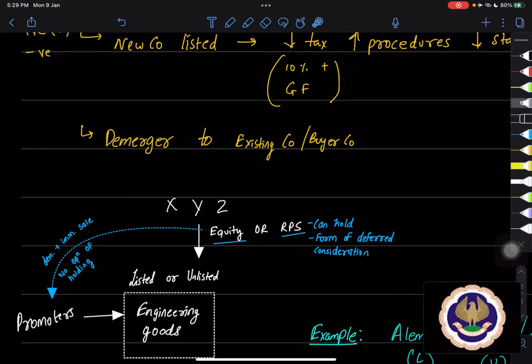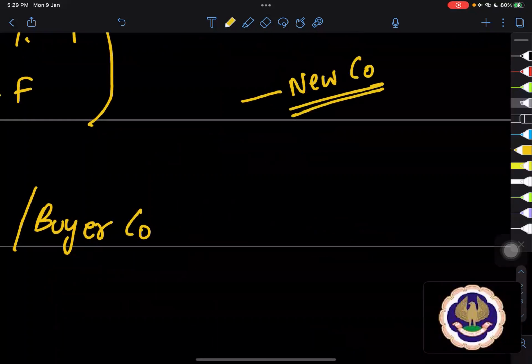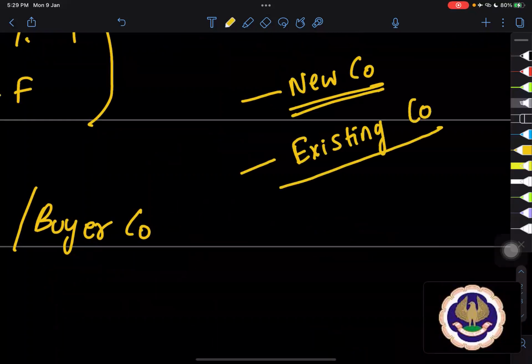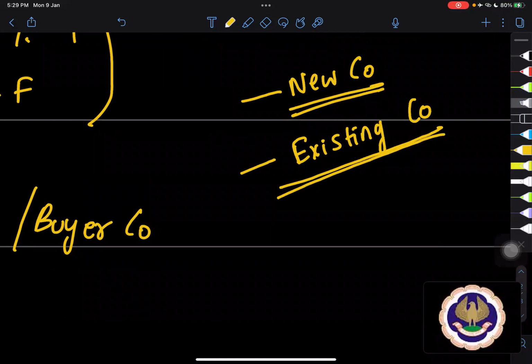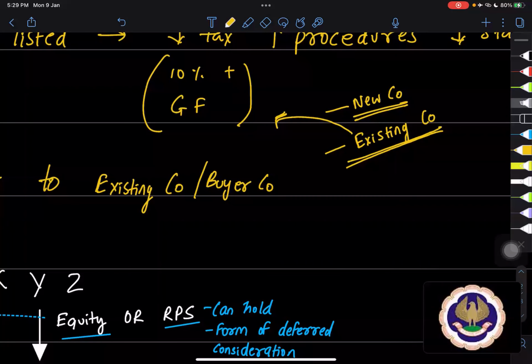So let me go a bit into this. What I'm trying to say is that demerger can take place in a new company. We generally think of demerger as taking place in a new company. It is also possible to do a demerger in an existing company. Even an existing company can take over the resulting demerged undertaking, but the existing company will need to issue shares to the shareholders of the demerged company.